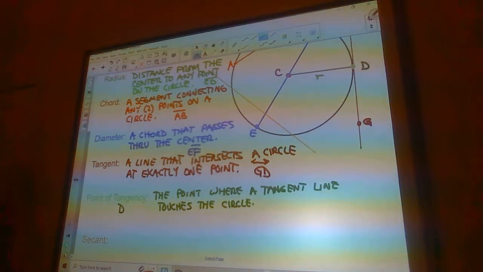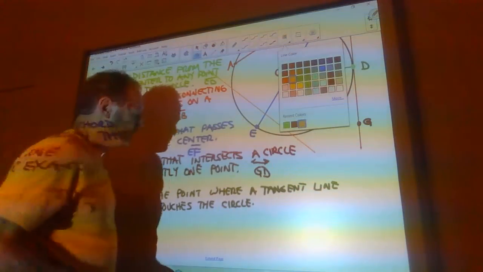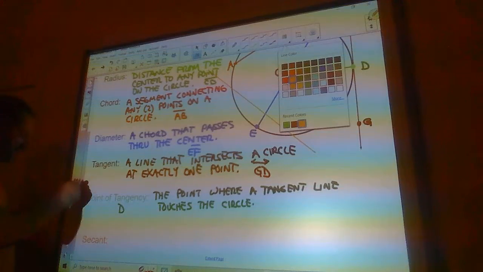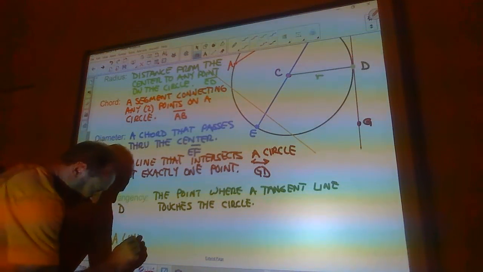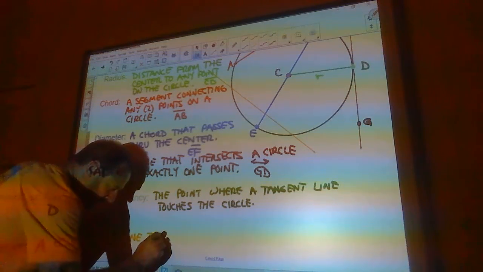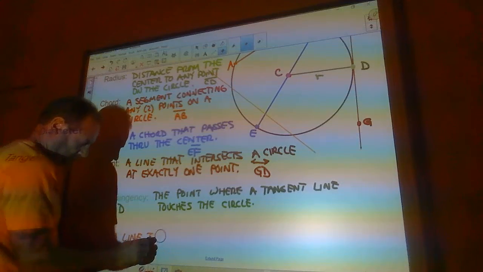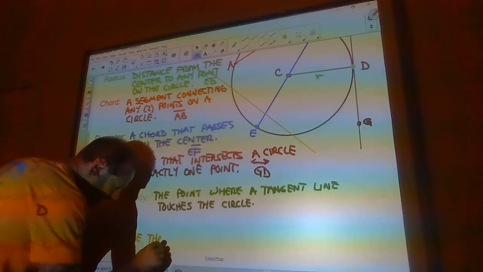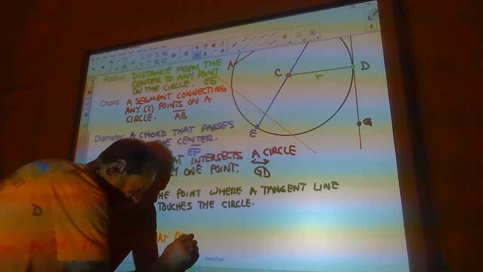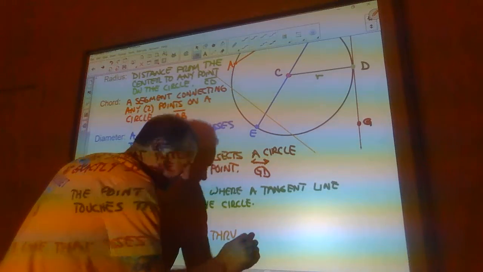Okay. And lastly, we have a secant. Okay, a secant is a line that passes through a circle.